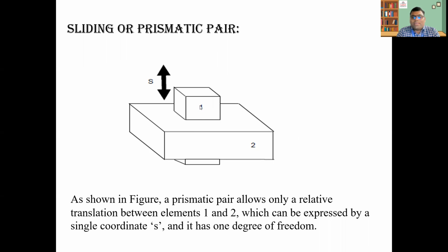Element 1 can only translate along this path. So we can say this pair has only 1 degree of freedom.